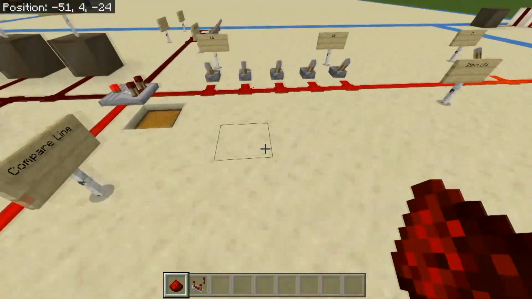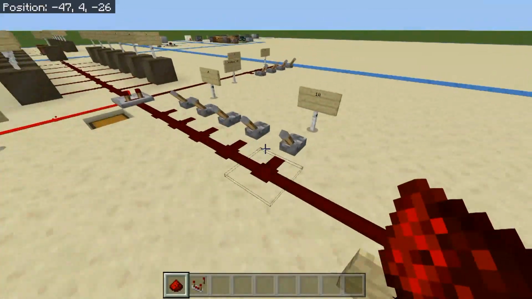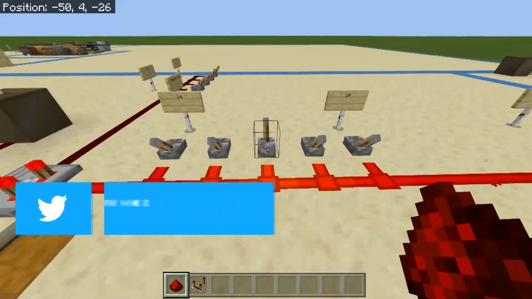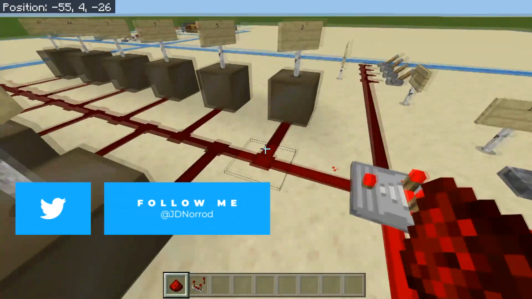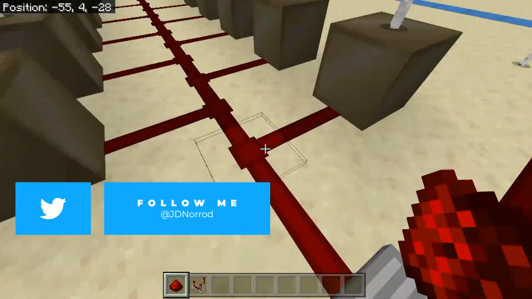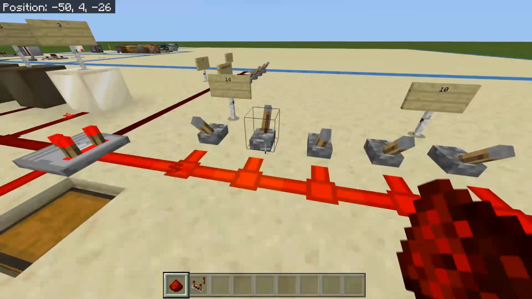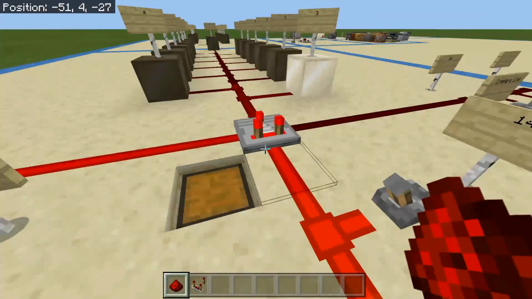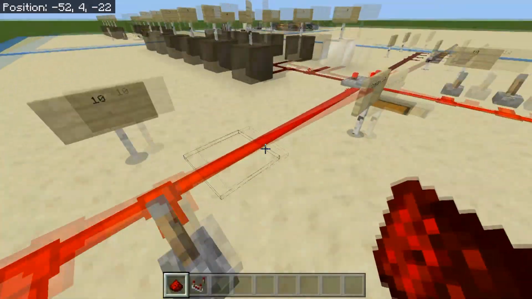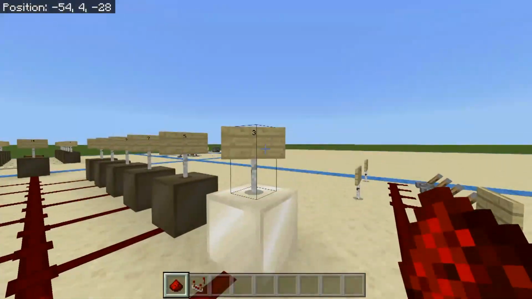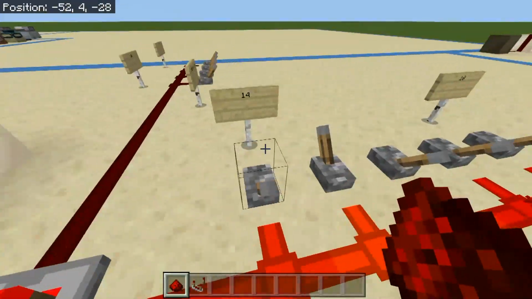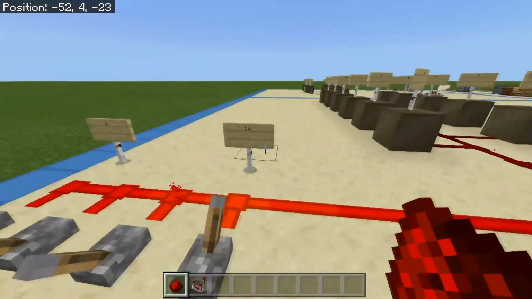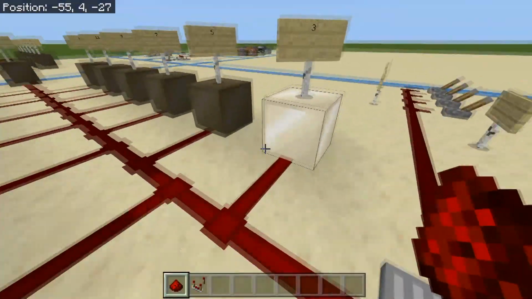If I have 10 here, and if I do 12 here, I have an output of 2, which I don't have a lamp for. Now, if we change this to a signal strength of 13 on the input, we have 10 on the compare, then we get 3 on the output, and that is because 13 minus 10 equals 3.